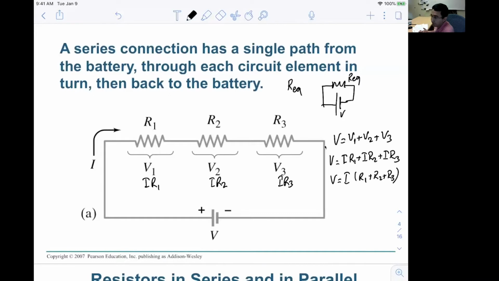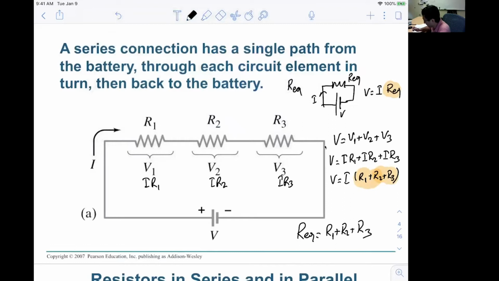Okay, so you can simplify the math and write this in terms of equivalent resistance. You have V equals I times R equivalent. So now you see that R equivalent is the summation of the three resistors, R1, R2, and R3. So R equivalent is going to be R1 plus R2 plus R3.